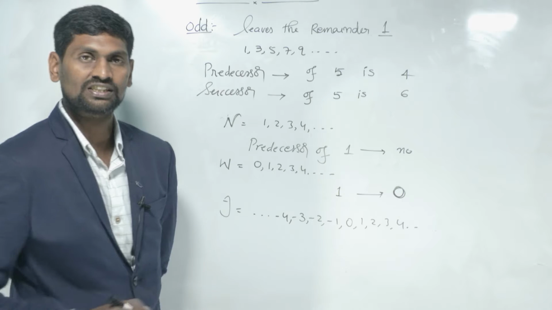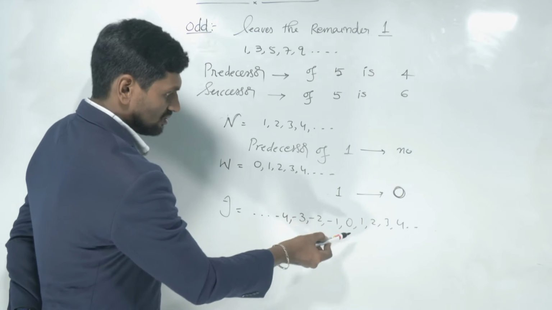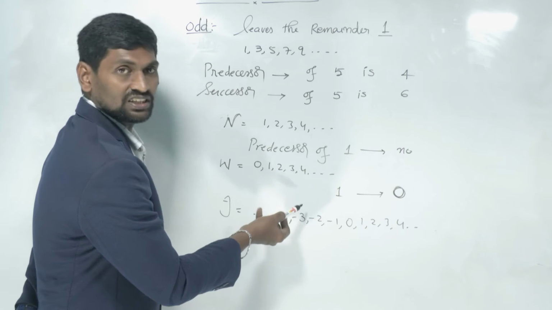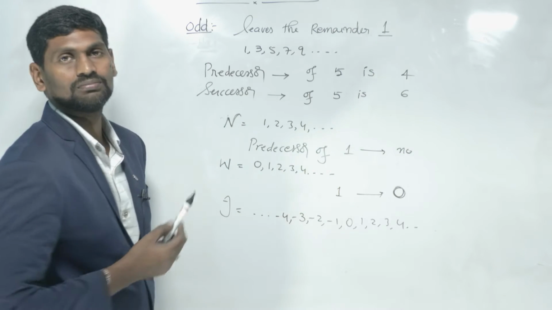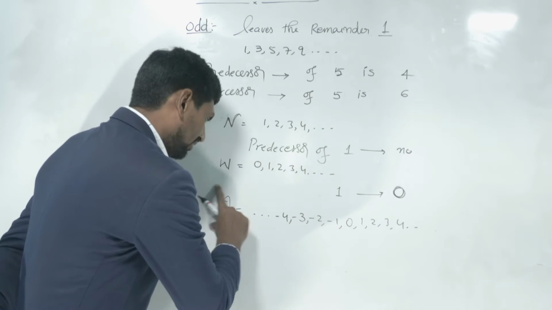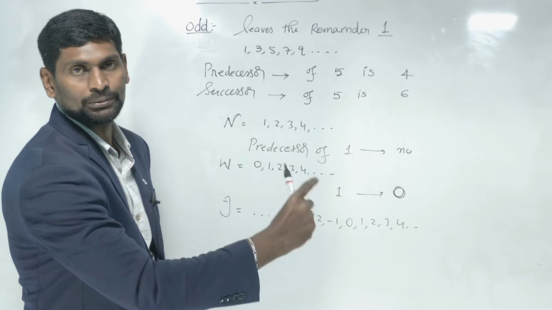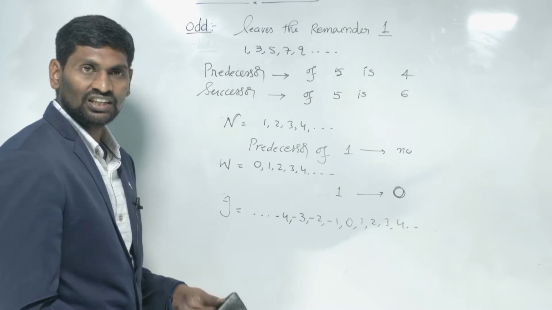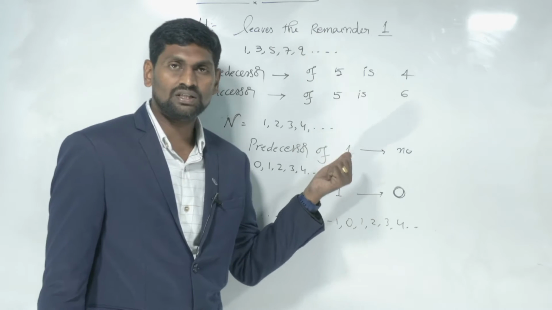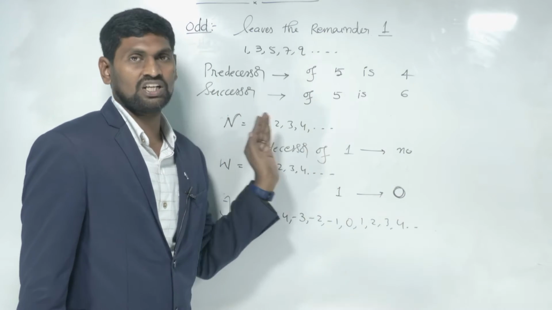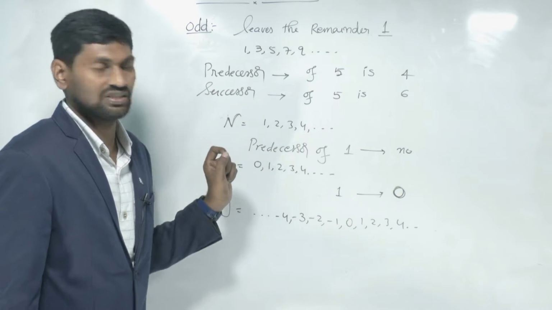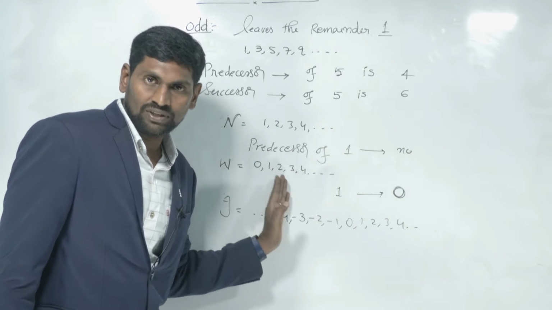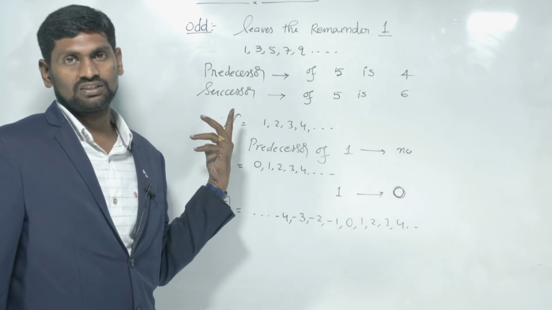The predecessor of 0 is -1, of -1 is -2, and so on. But in the natural numbers we don't have a predecessor of 1, because there is no number before 1 in the set of natural numbers.